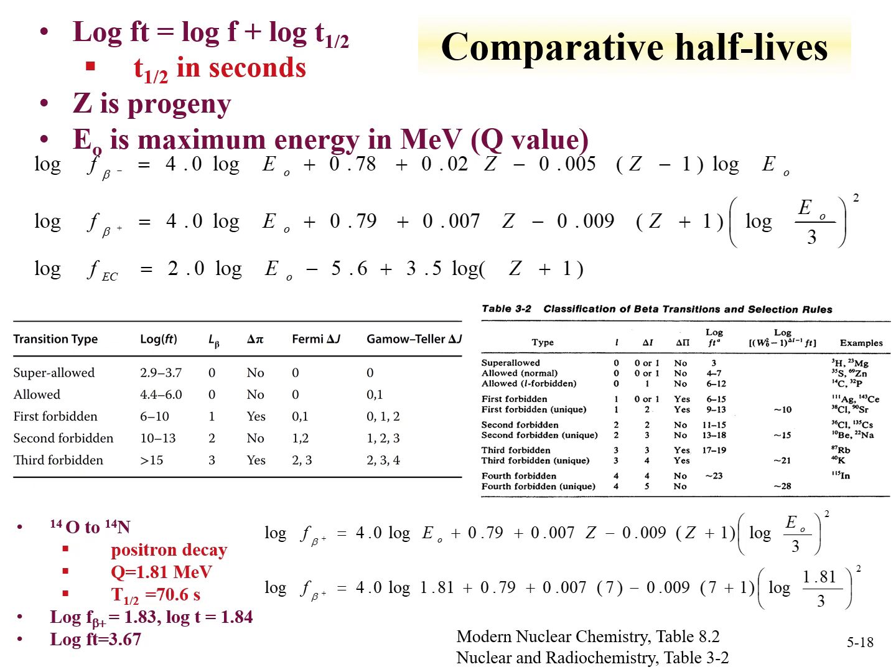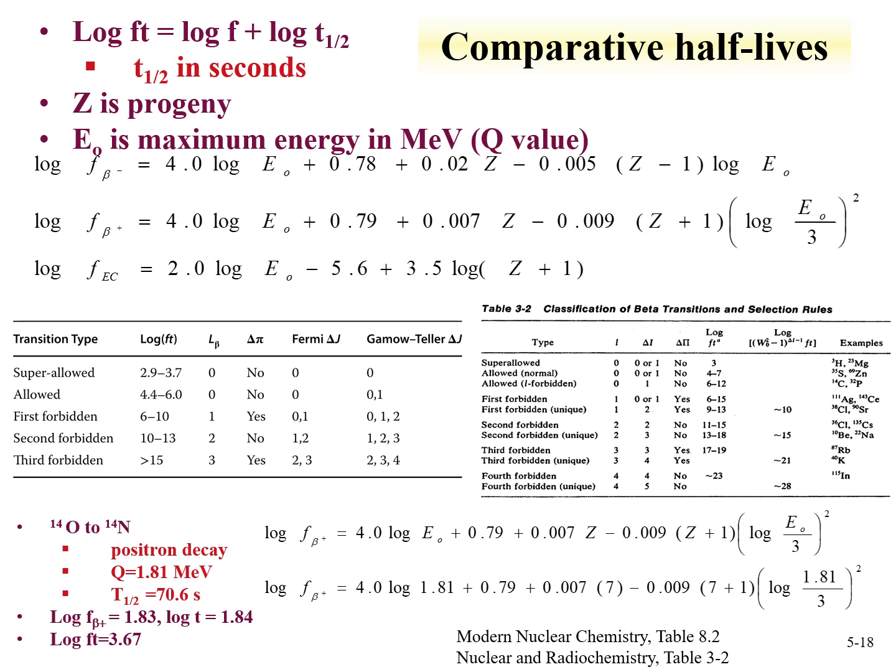Now we can use these equations to calculate some log Ft values. Let's go for the positron decay of oxygen-14 to nitrogen-14. The Q value for this reaction is 1.8 MeV, and the half-life is 70.6 seconds.